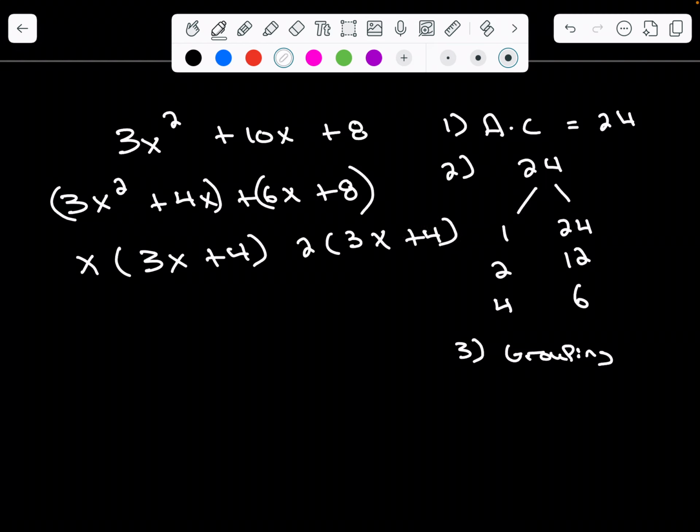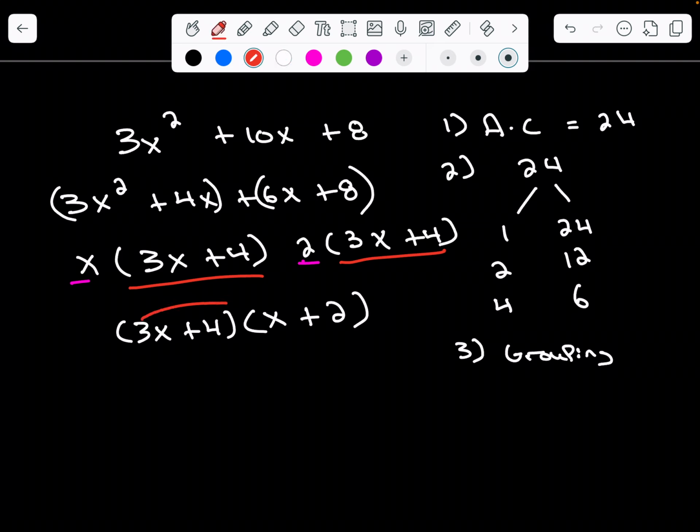And again, we always want to make sure that we're on the right track. Within the parentheses, we should have the exact same thing here. So if we factor out a 3x plus 4, we are left with our 2 terms, x and 2. x plus 2. Okay, so let's go ahead and FOIL this real quick.